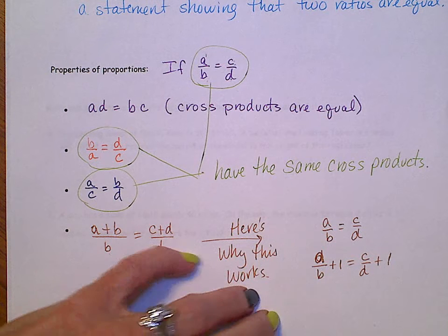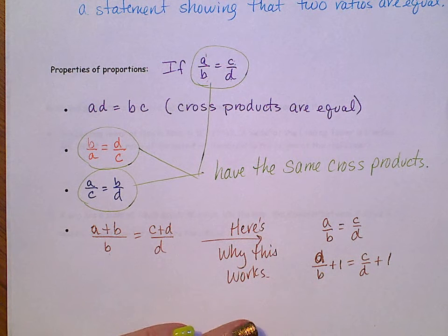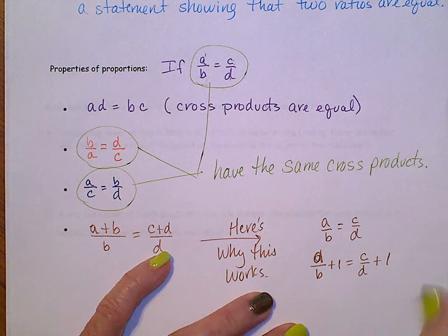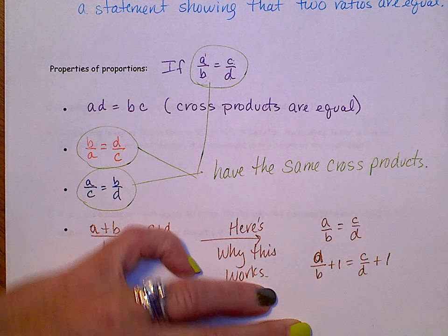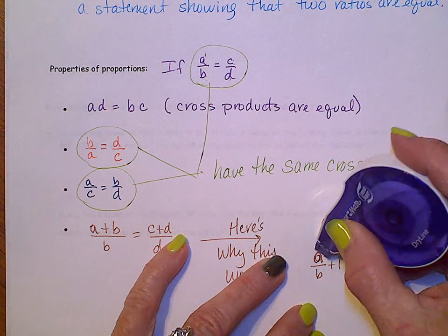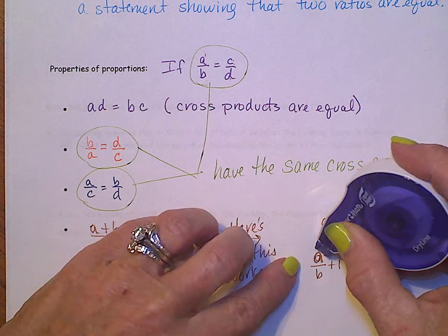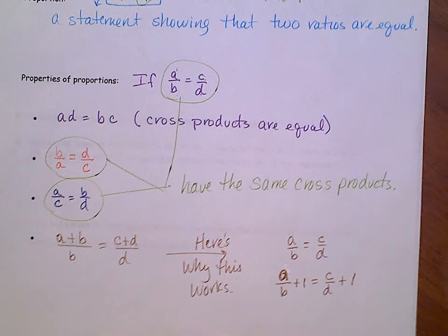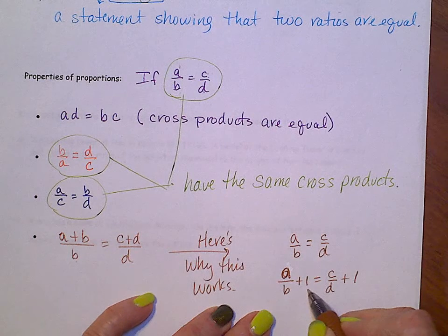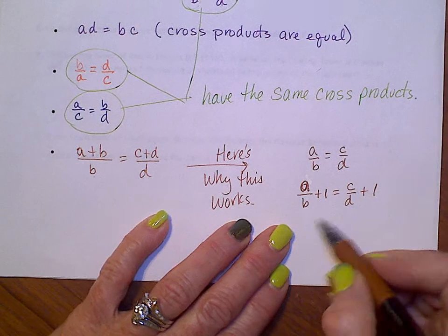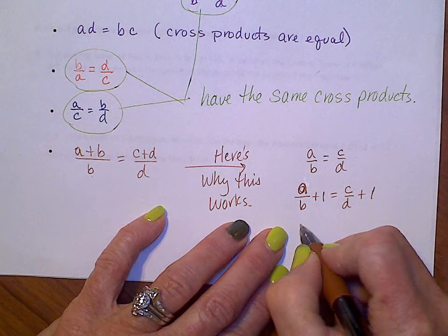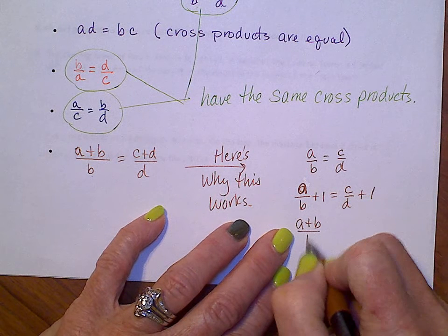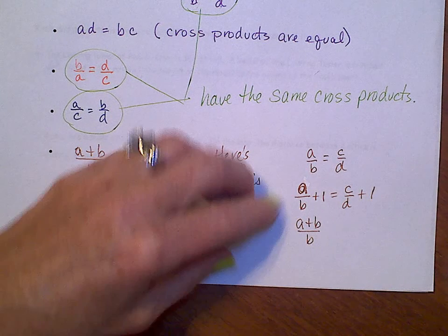I can add 1 to both sides of an equation. Now, I just have to erase that. It looks ugly. There we go. That's a little better. Let's get a common denominator. So this 1 here would be B over B. So we have A plus B over, oops, I better write it separately for you.